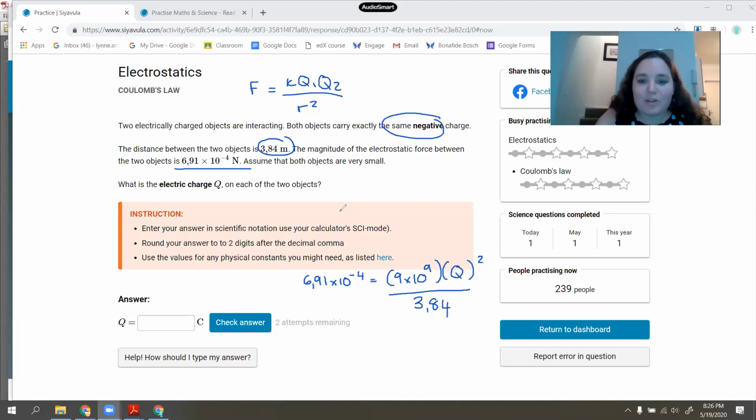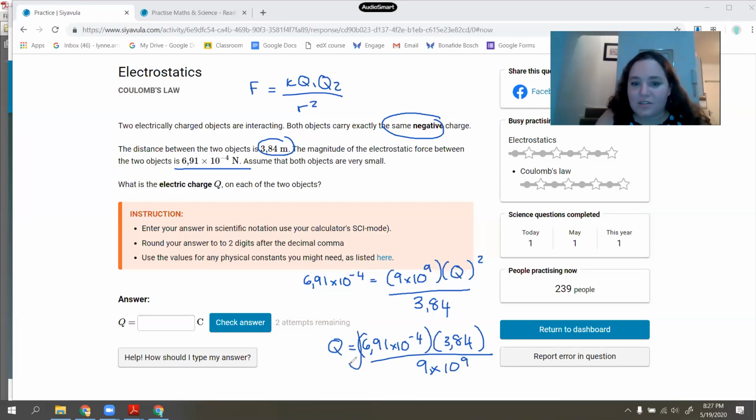Okay, so what I'm going to do here is get Q is equal to 6.91 times 10 to the negative 4 multiplied by 3.84, divided by 9 times 10 to the 9. That's for Q squared, so it's going to be square rooted. I find that I work out my answer and only then do I square root it, otherwise it gets really messy.